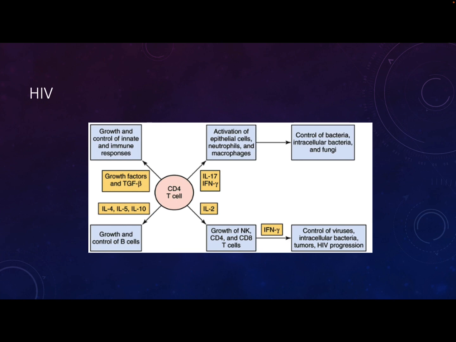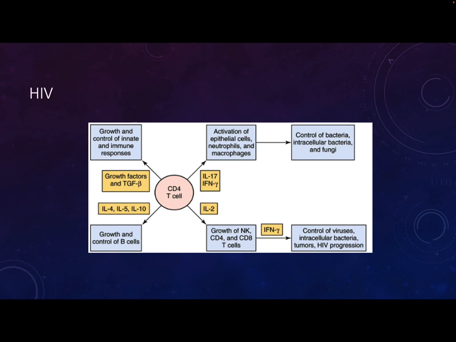And so this is just kind of a refresher of what the function of a CD4 positive T cell is. Why does infection of just this one cell type basically lead to the overall collapse of the immune system? Well, it's responsible for growth and control of the innate immune response, growth and control of B cells, natural killer cells, other CD4 positive T cells, CD8 positive T cells, and activation of epithelial cells, neutrophils, and macrophages.